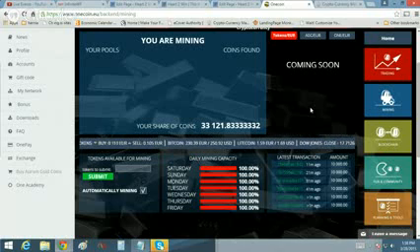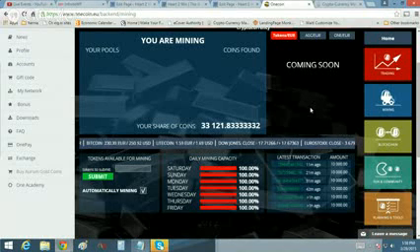So, for instance, for this company right here, in their first 30 days, it was a lot easier to mine coins than it is now. In the first 6 months, it'll be a lot easier to mine coins than after 2 years. Why is that?